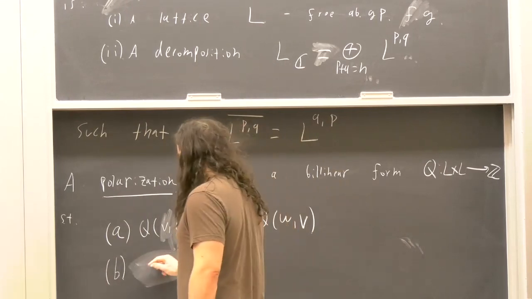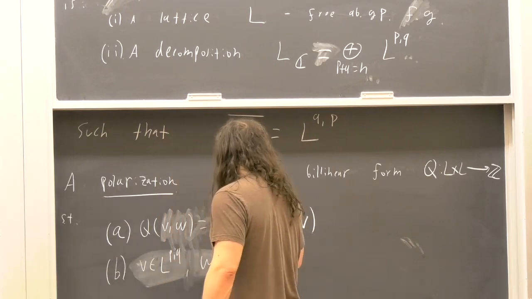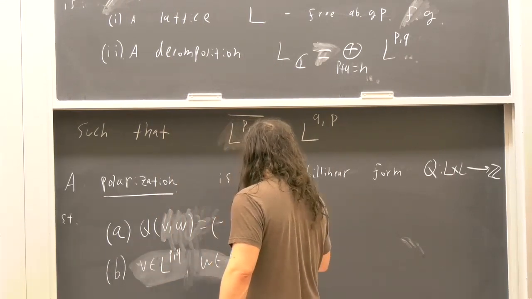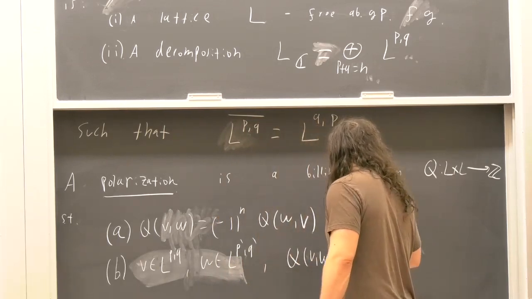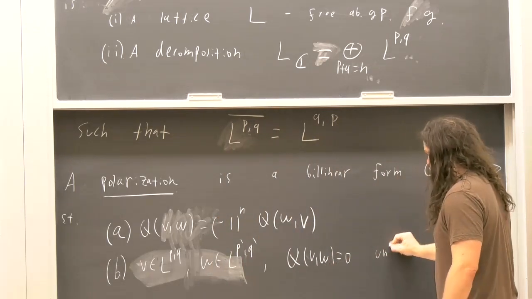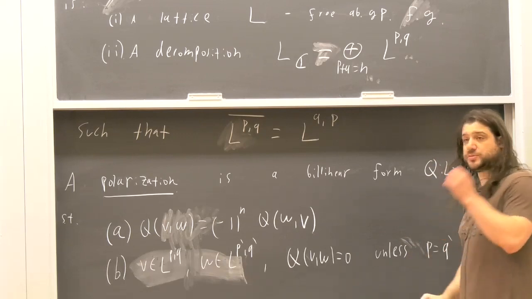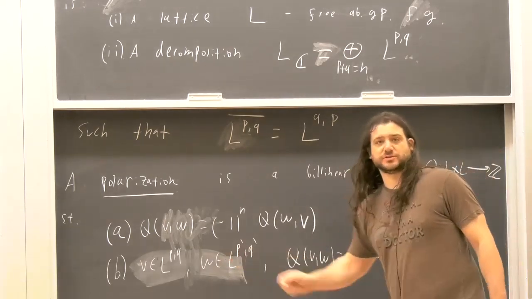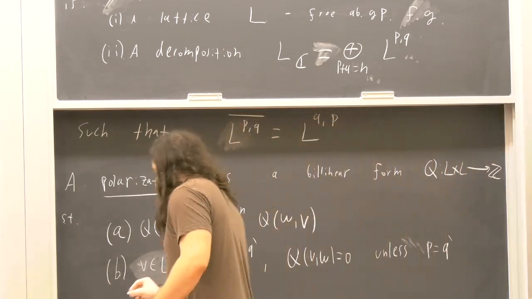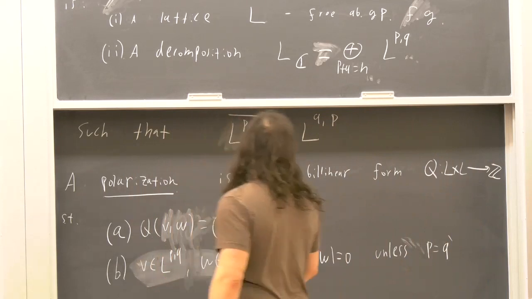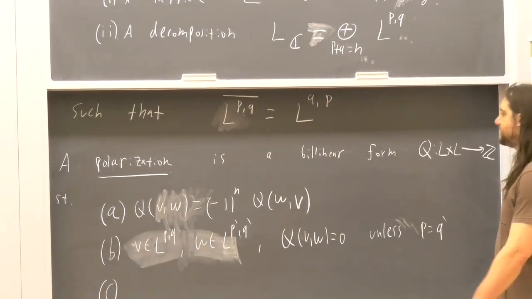If V and W are both pure, so V is in some L^{P,Q} and W is in some L^{P',Q'}, then Q of V, W is going to be 0 unless P equals Q', and consequently Q equals P'. So unless they sum to n. And finally, these conditions will be justified in a second when we study the geometric case.